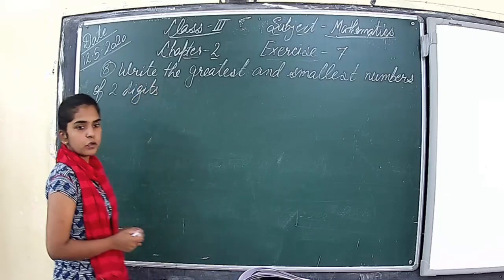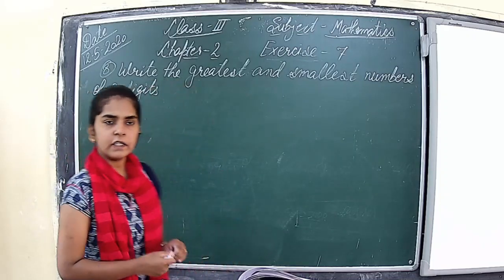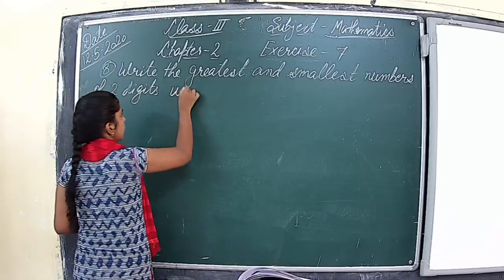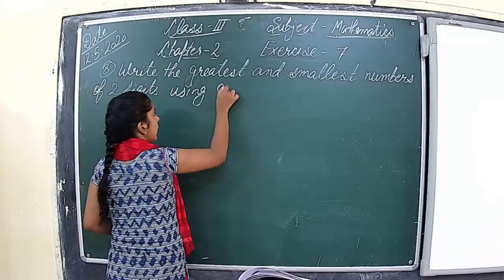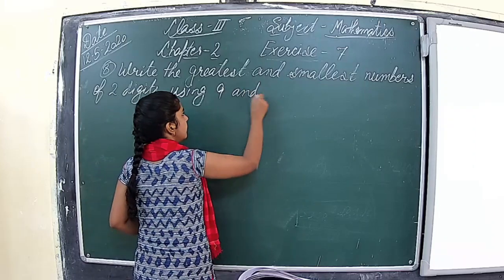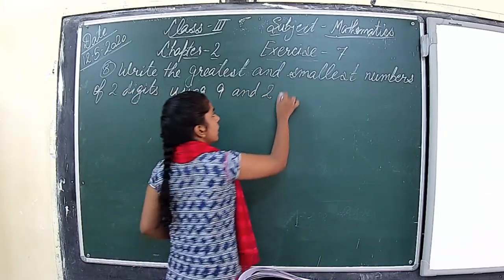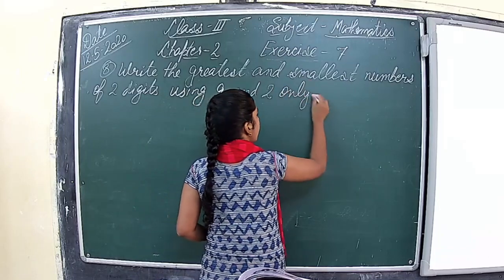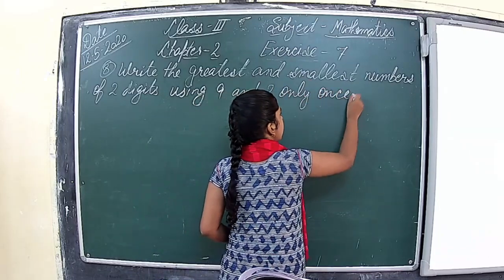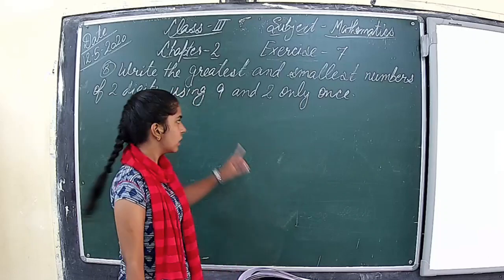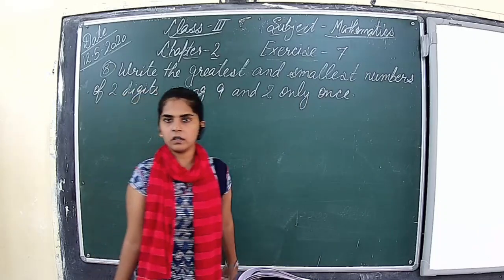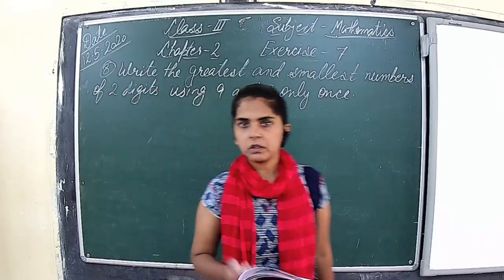Using 9 and 2 only once. It means we can use these 2 digits only one time. We cannot repeat the digits.